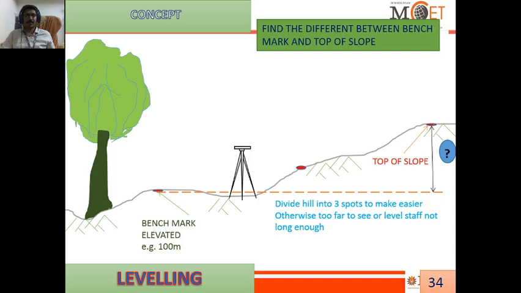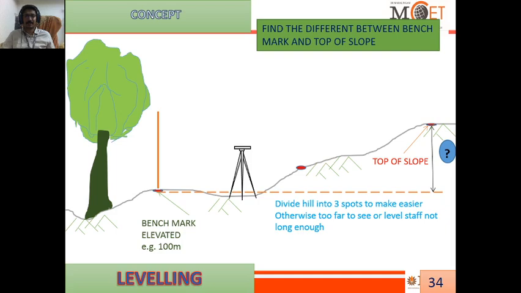Now we place our dumpy level with the help of a tripod, and we hold the leveling staff over the benchmark. I have explained backsight, intermediate sight and foresight. What is backsight? The reading taken over a known elevation when the instrument is set at the first reading.